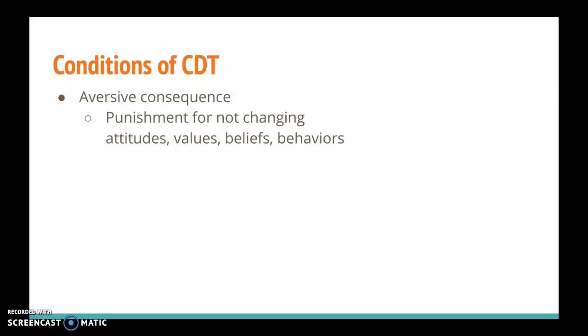And so the smoker would then have to make the choice between the habit of smoking and hanging out with their good friend. And so they are seeing that as a punishment for not changing the behavior of smoking. It's an aversive consequence. So that's one of the conditions of cognitive dissonance theory.